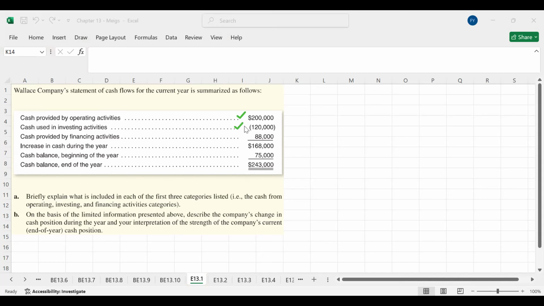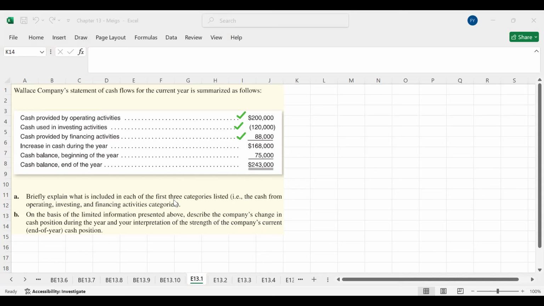So cash used in the investing activities is negative, which means that investing activities use the cash, or this cash flow is negative. Then we have cash flows provided by financing activities, which means that the company got cash $88,000 from the financing activities. So, this is the first explanation of what is included in each of these first categories.